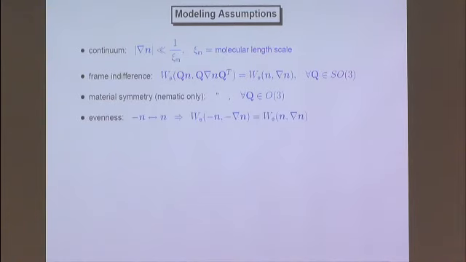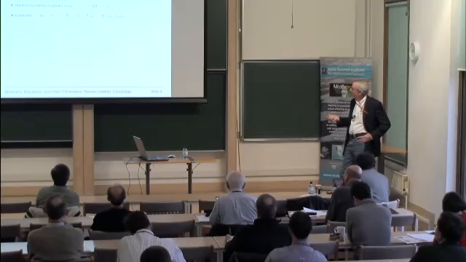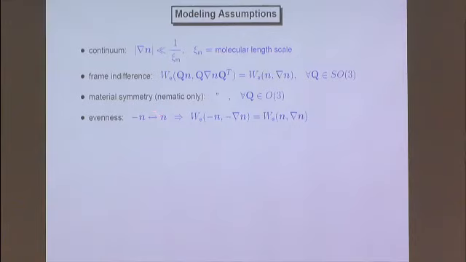The invariance of plus minus n has been mentioned several times in terms of the phenomenological modeling assumptions here. That means that the density must obey this for all admissible director fields.